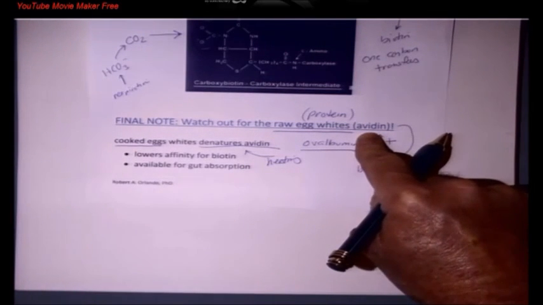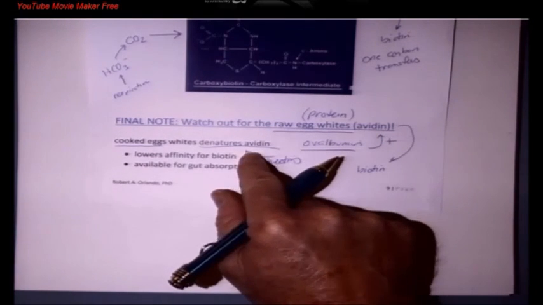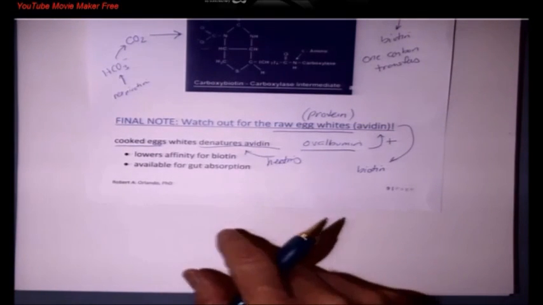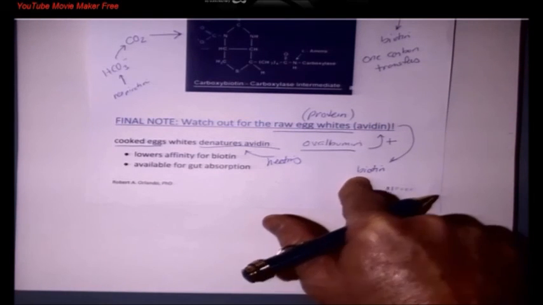What is ovalbumin doing to avidin? Ovalbumin is the major protein in egg white, and avidin is just another protein in there, but in a smaller quantity. So ovalbumin and avidin don't have any interactions. The heating denatures the avidin, and it actually reduces the amount of binding and tying up of the biotin.